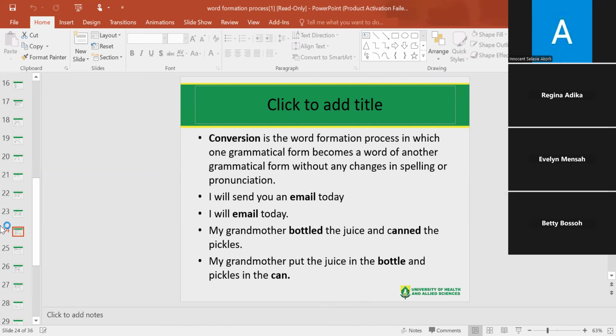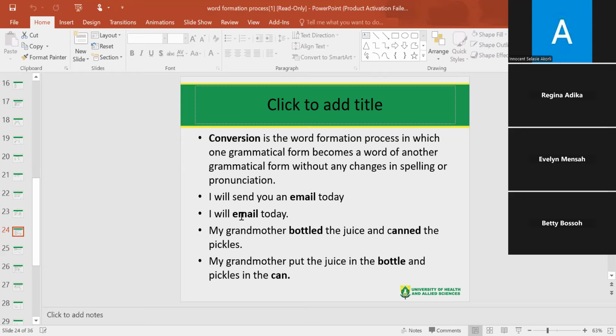So I can say, I'll send you an email. An email is a noun. Then I can also say, I will email you, where the email, which is a noun, is now used as a verb.